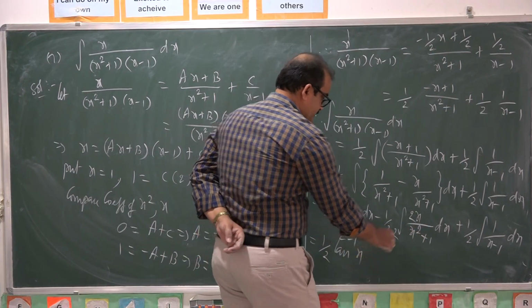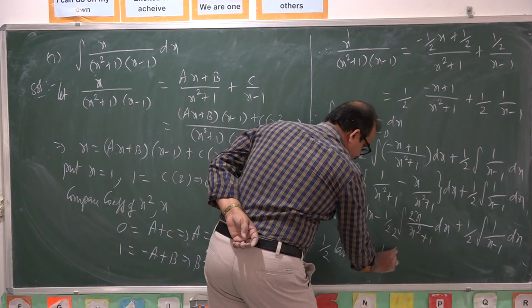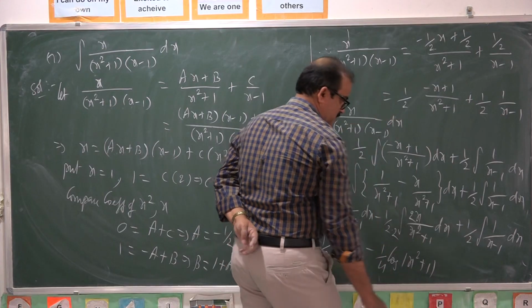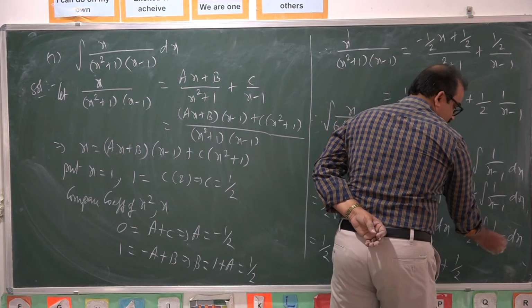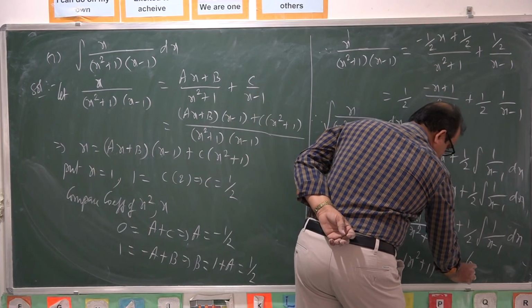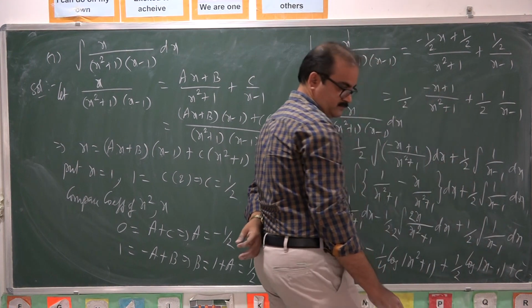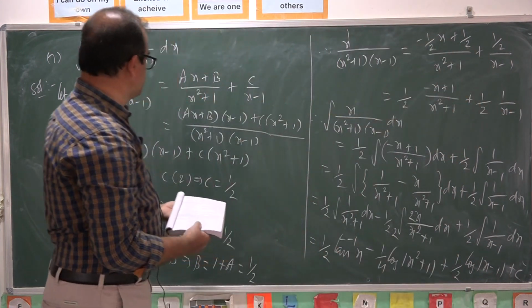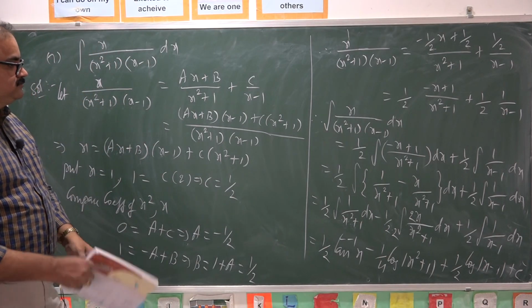So it is tan inverse x minus 1 by 4 into log mod (x square plus 1), plus 1 by 2 into, it is in the form of integral 1 by x dx, that is log mod x minus 1, plus c. In this way, by resolving into partial fractions, we can integrate the given function.